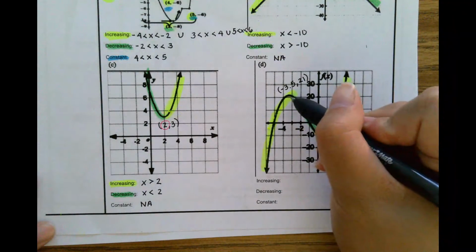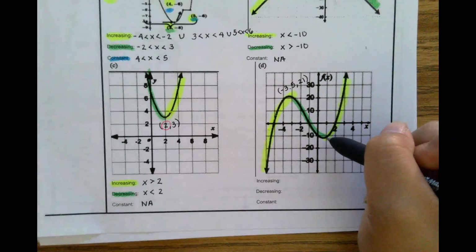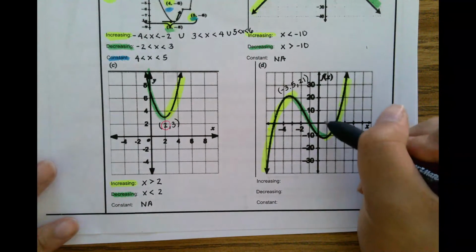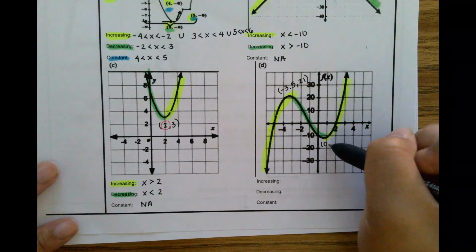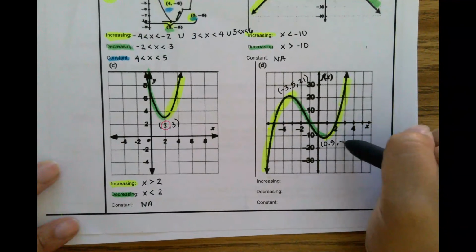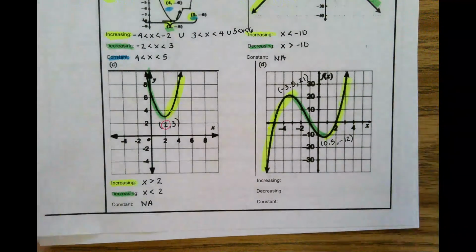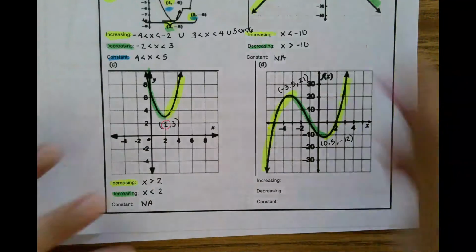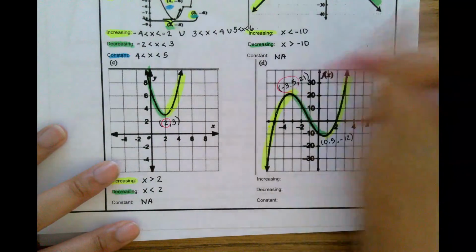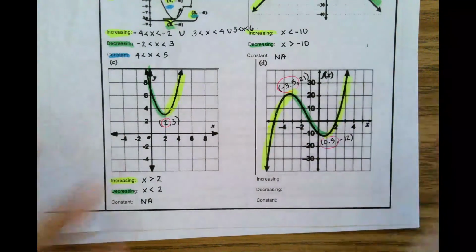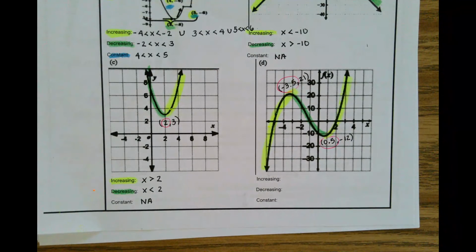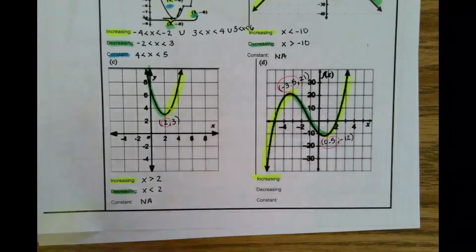Okay, here to here, this is like (0.5, maybe negative 12 or something), right? But all I care about is where it's happening, and where it's happening is the x. Okay. So it is increasing, right?